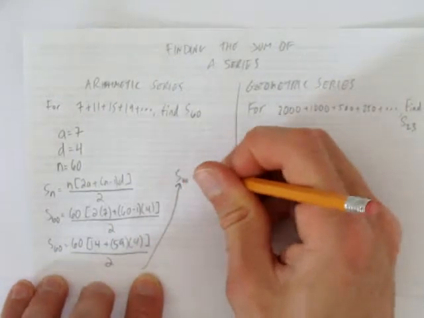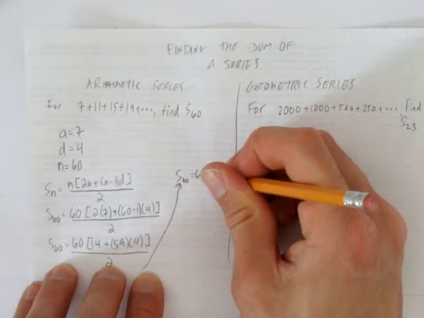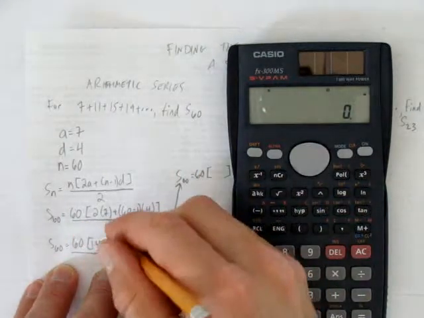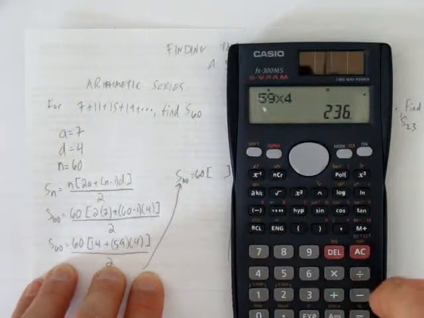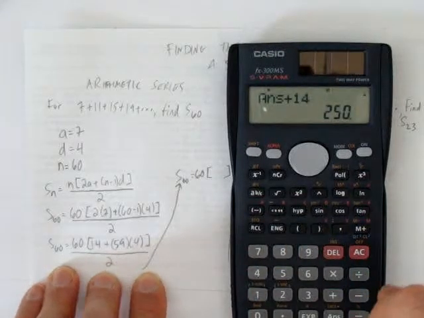So the sum of the first 60 things is 60 times, and let's do everything in the brackets all at once now. Order of operations says do 59 times 4 first, and we get 236, plus 14, and you get 250.